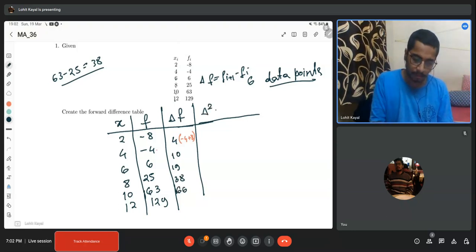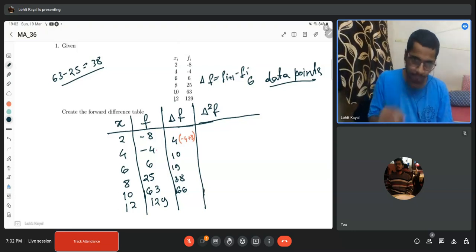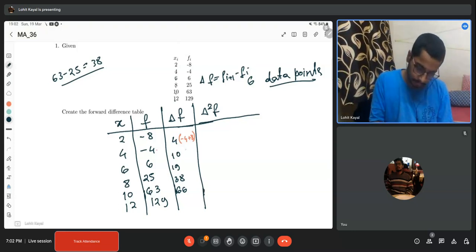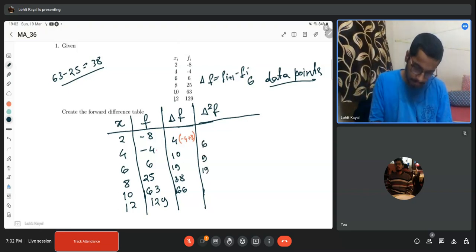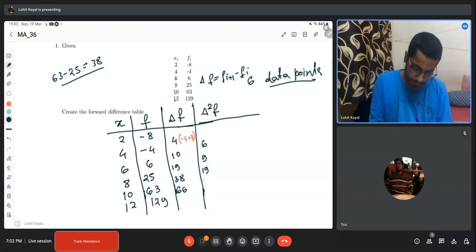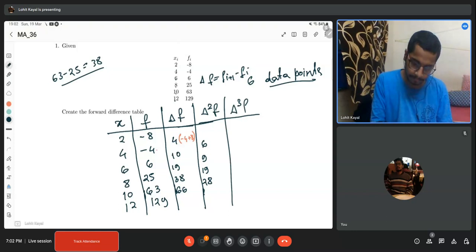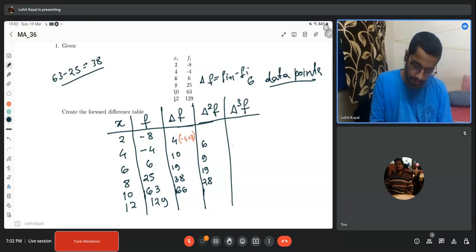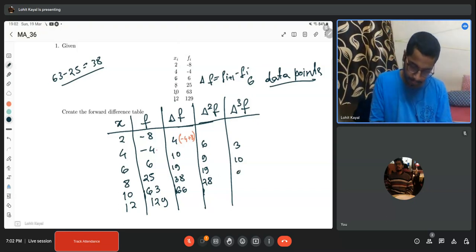Now this is delta square f. Delta square f will be 6, 9, 19, and 38 minus 66 is 20. Now delta cube f will be 3, 10, and 28 minus 19 is 9.